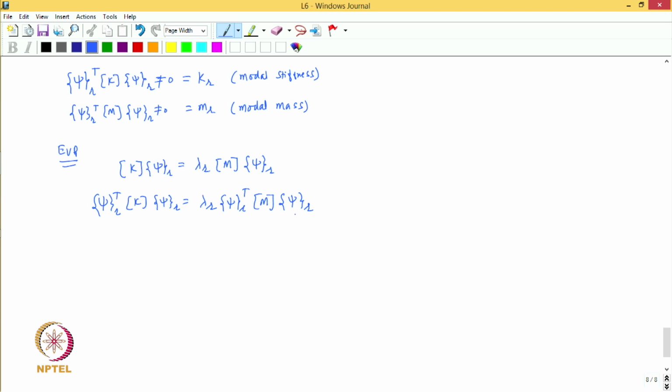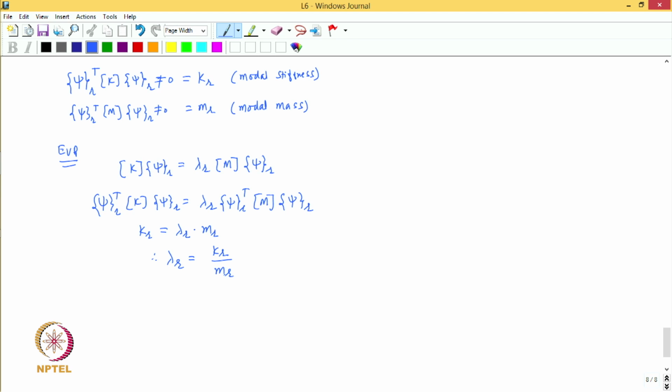From the orthogonality properties, psi r transpose k psi r is nothing but modal stiffness k r, and psi r transpose m psi r is nothing but modal mass m r. Therefore, the rth eigenvalue is nothing but the ratio of modal stiffness and modal mass.